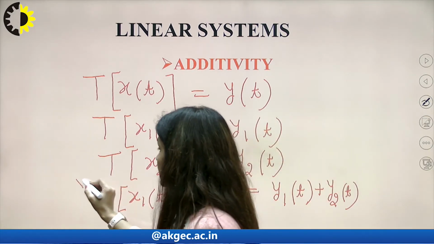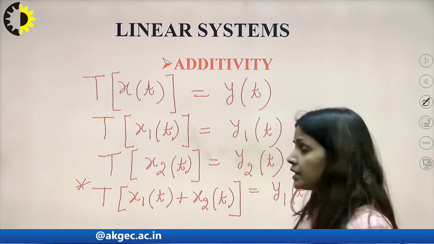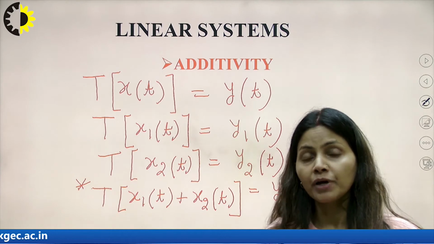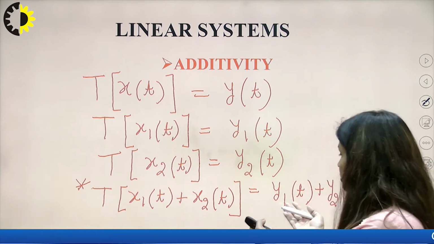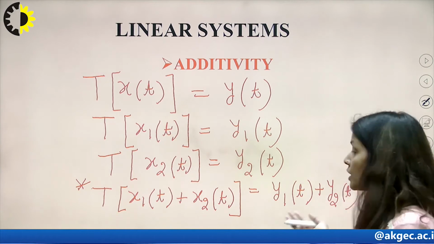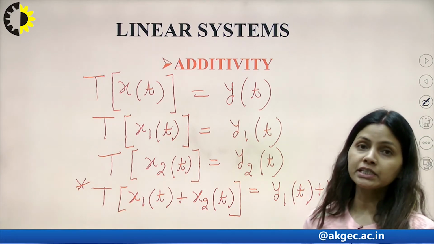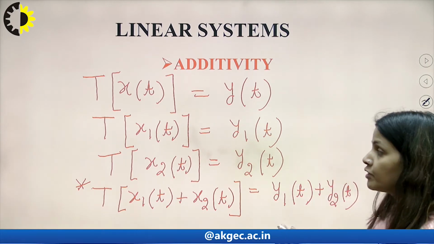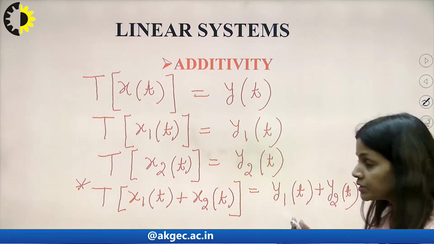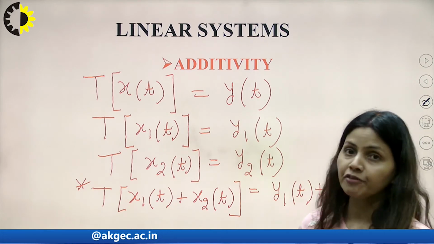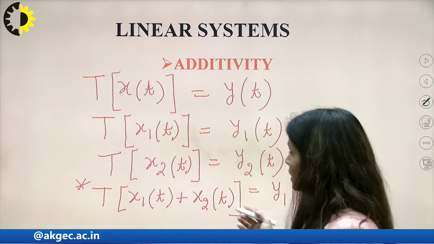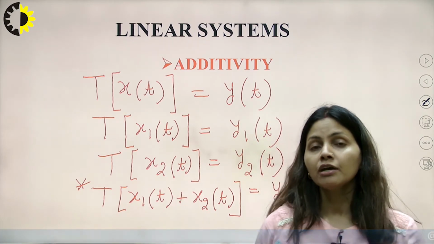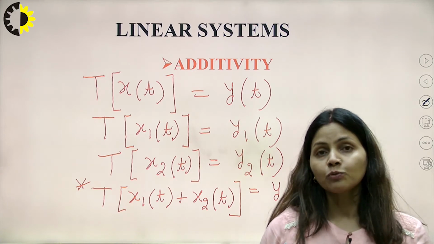This property clearly states that if the addition of the inputs is given to the system and the output is the addition of the individual outputs of the corresponding inputs, then only can we say that the system satisfies the additivity property for the given inputs x1(t) and x2(t).